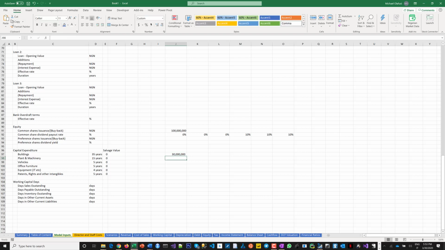They had to also get plant and machinery worth 40 million naira, then vehicles worth 20 million naira, then office furniture.